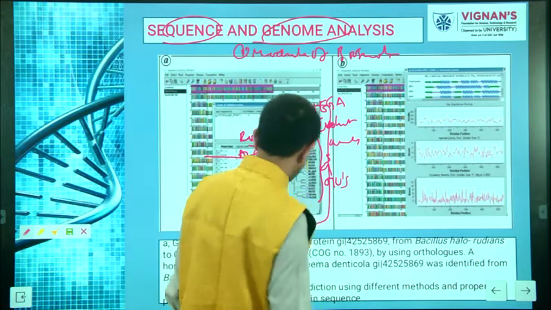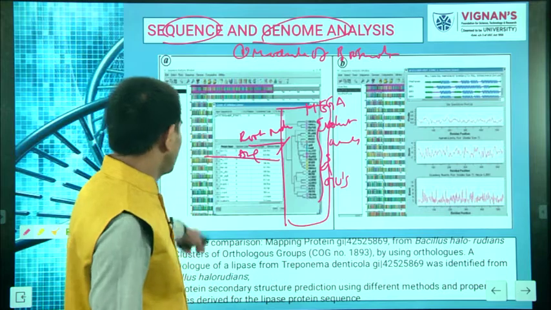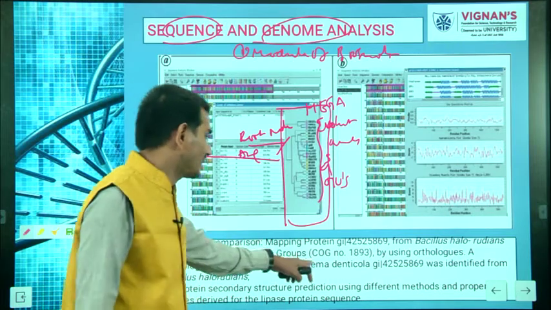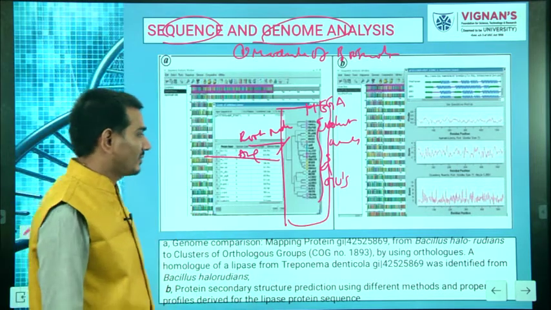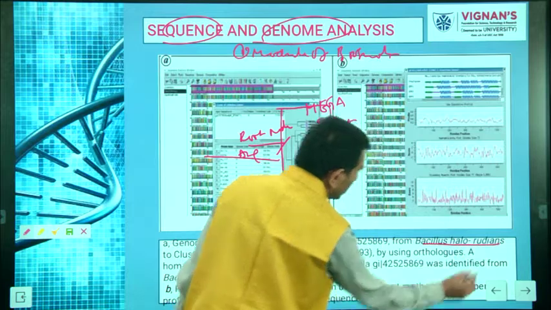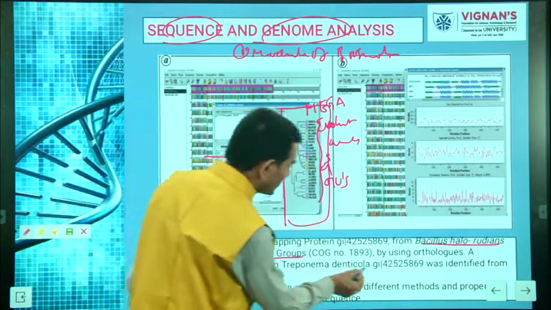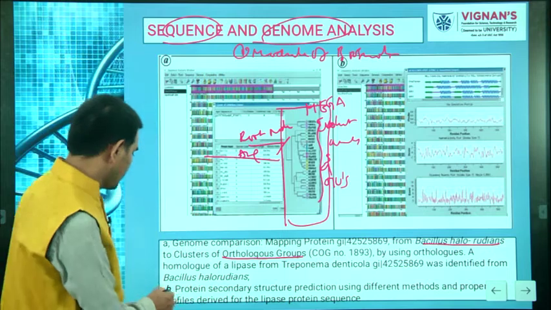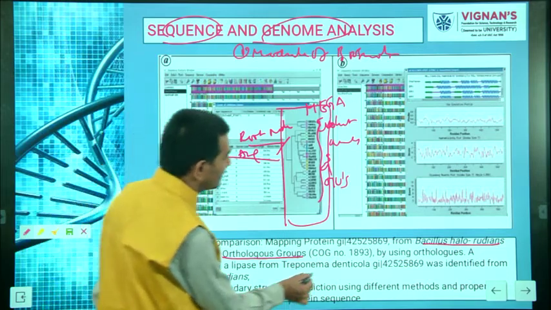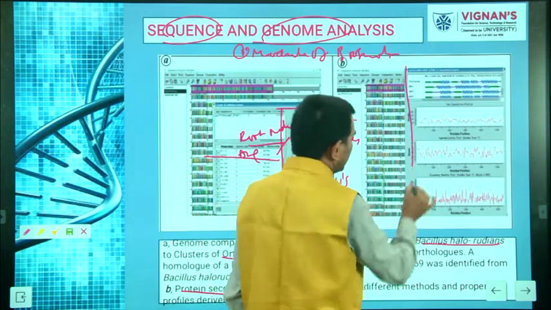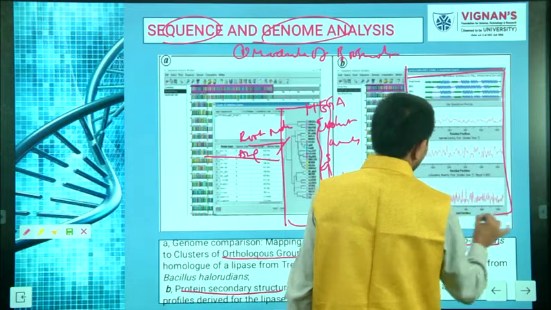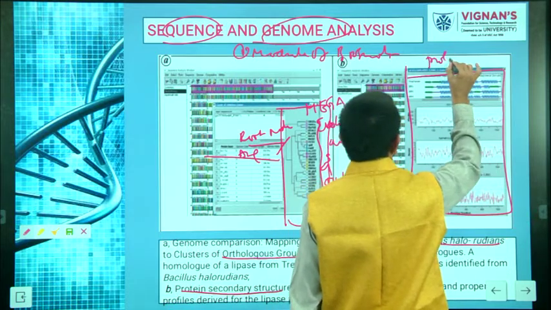operational taxonomic units, right. So, here the first output is nothing but genome comparison, mapping protein from Bacillus halodurans to cluster orthologous groups, and coming to this second, is nothing but a tool which is meant for predicting the secondary structural components of a protein, right.